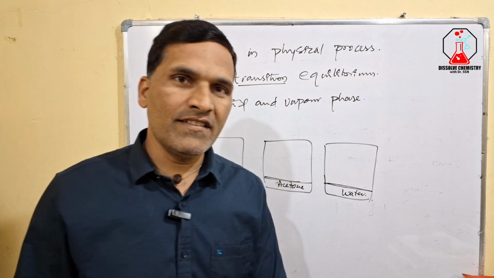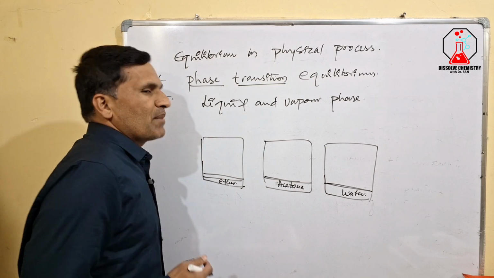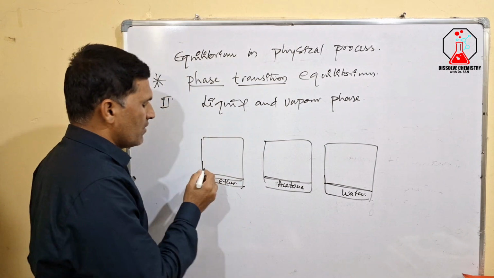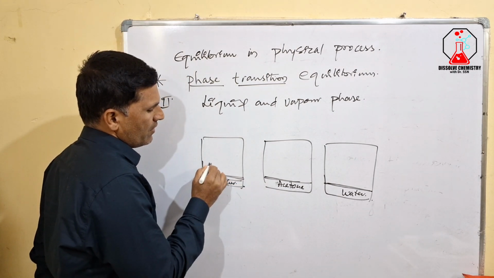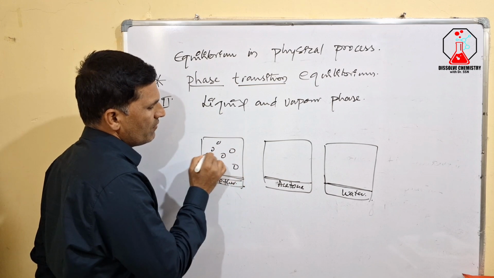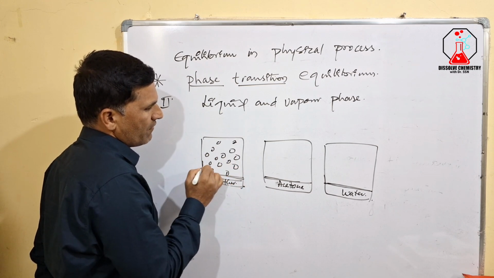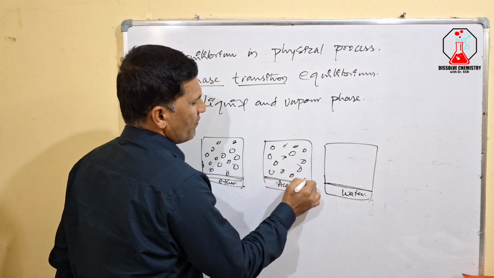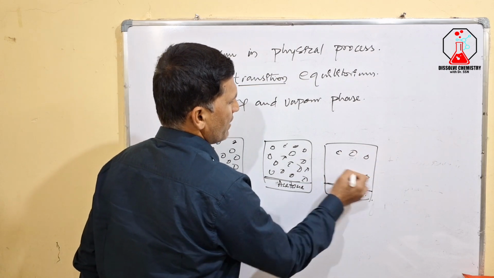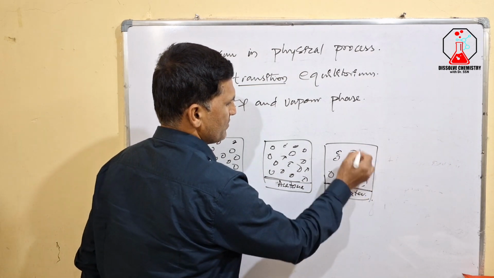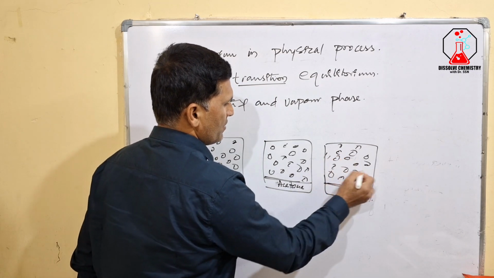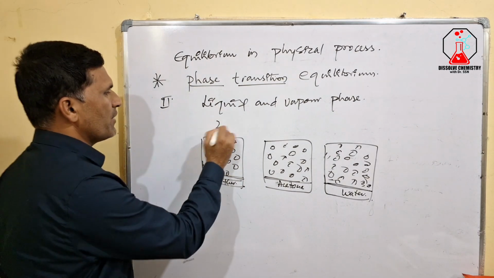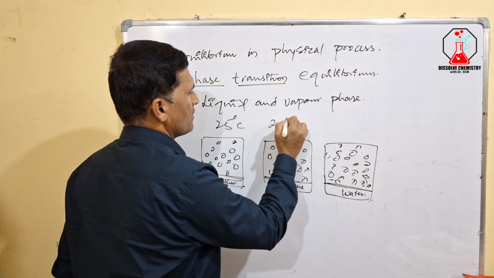So we expect that all must have the same vapor pressure. It is not true. All the liquids undergo evaporation and they will have their own vapor over their surface, but the amount of vapor phase is going to vary from liquid to liquid at a given temperature. So you may have an idea of what might have happened. All are maintained at 25 degrees Celsius.